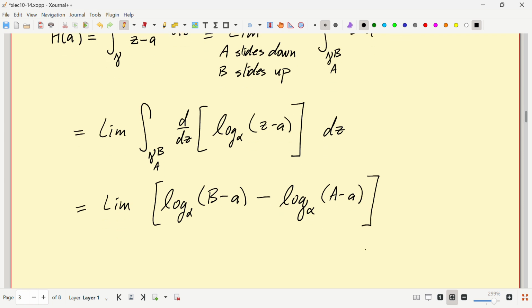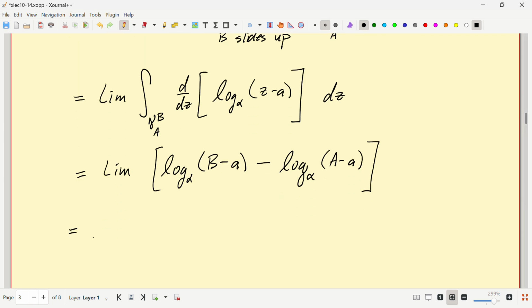Okay, and that's going to be the natural log of the modulus of B minus A plus i times the arg alpha of B minus A. Let's see, what is arg alpha? Let's think about it. B is going to be something like this.